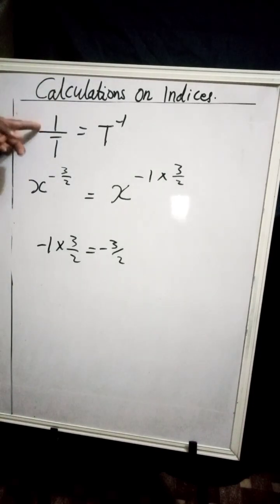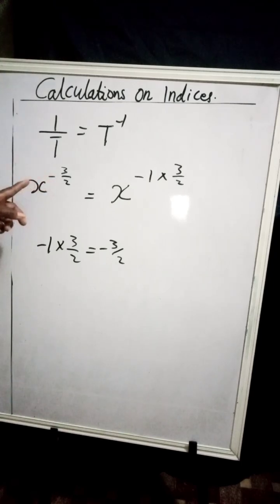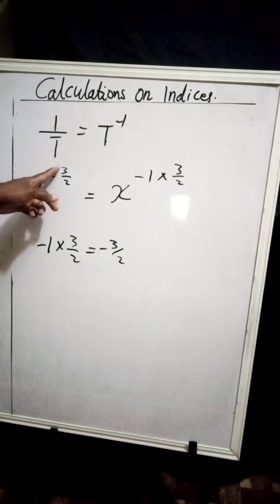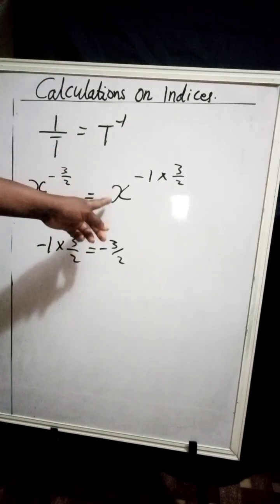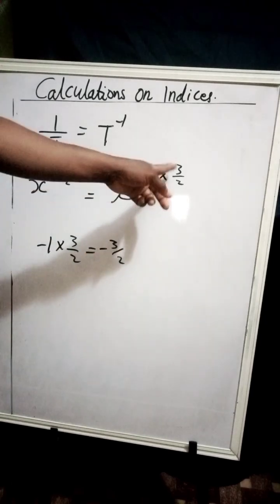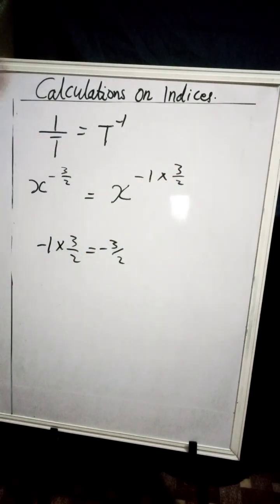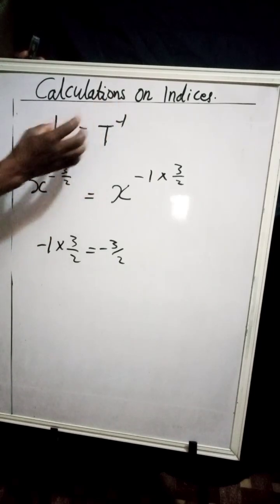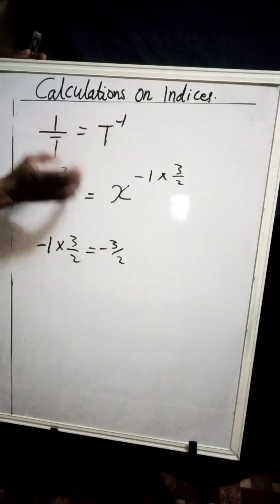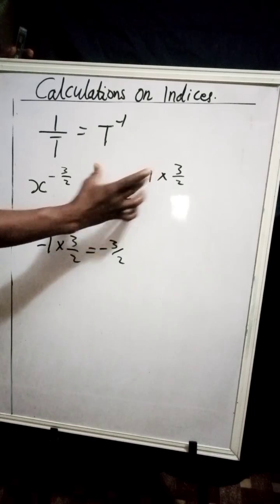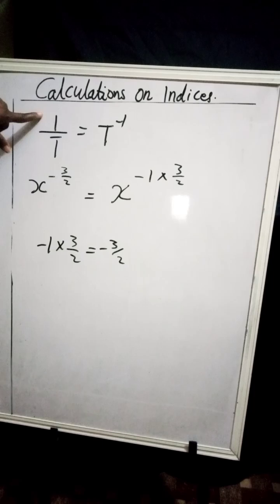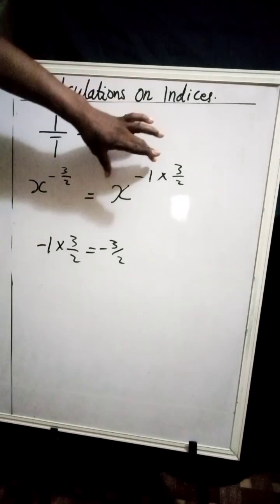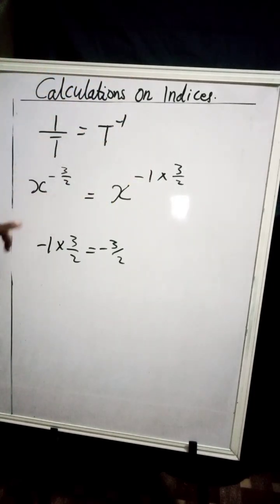Considering the fact that this fraction here is the same thing as 1/3, and we're looking at this x to power negative 3 half, this is exactly the same thing as x to power minus 1 multiplied by 3 half. Now, let's do exactly what we did here to this place. Since per t is the same thing as 1 over t, it means that per x is the same thing as 1 over x.